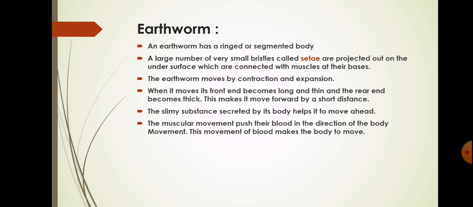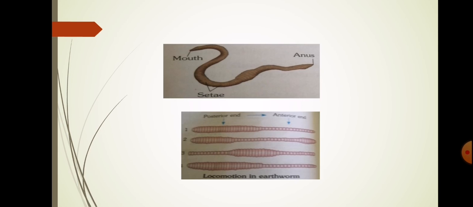While the muscular movement happens, the blood of the earthworm moves in the same direction as the movement of the body, and this movement of the blood helps the body move forward. See, I will explain with the diagram.